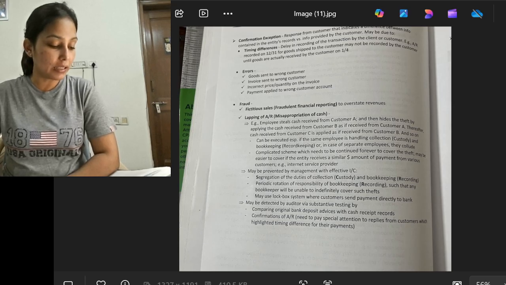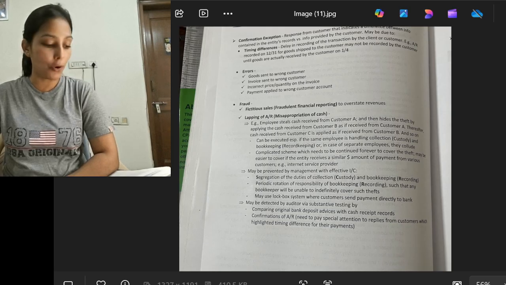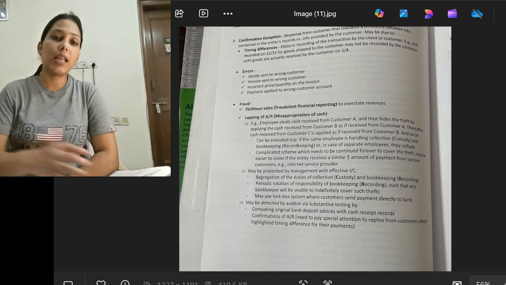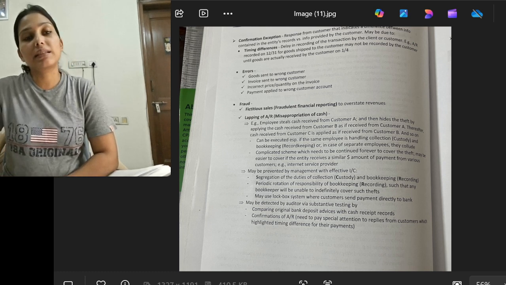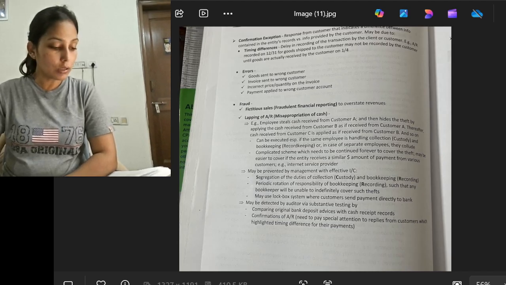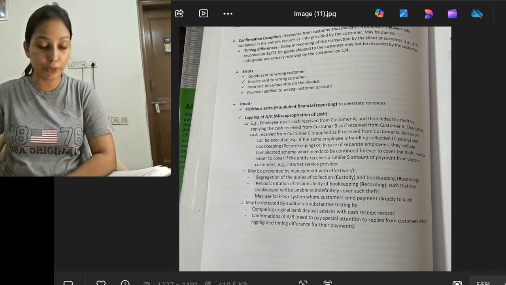Also, there may be certain errors, like goods sent to the wrong customer, invoice sent to the wrong customer, incorrect price or quantity mentioned on the invoice, or payment applied to the wrong customer account. So these are certain examples where errors can happen, and again in this case reconciliation is to be performed, and if any misstatement is identified, that should be corrected. Also, there can be cases of fraud where fictitious sales are recorded to overstate revenues.